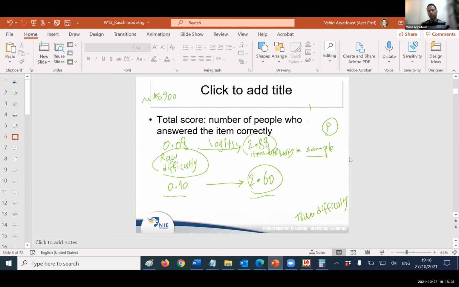Okay, so now I'm asking you this question. Do you think that this item is in the same way difficult in the population or not? How certain are you about this number that you gave me?